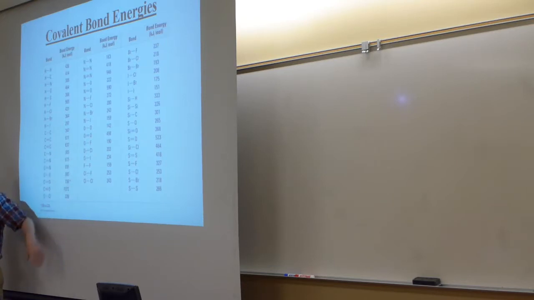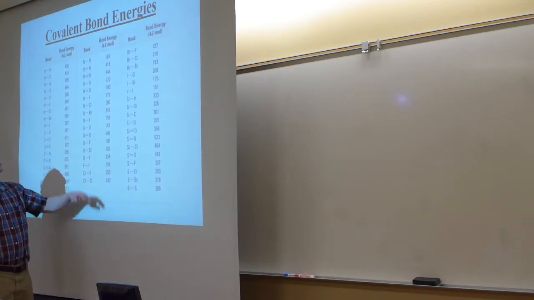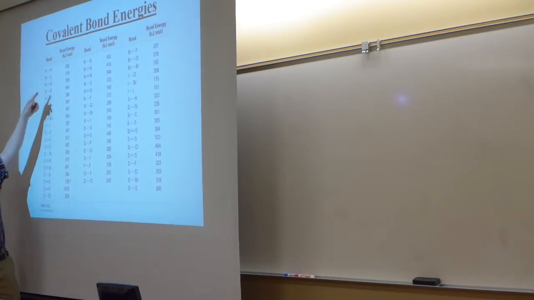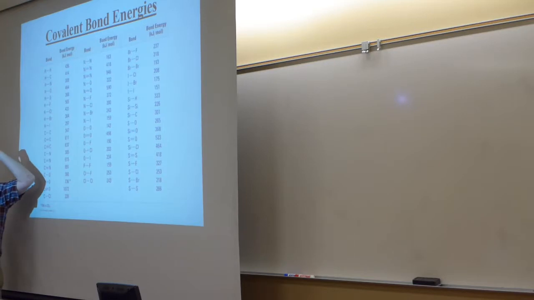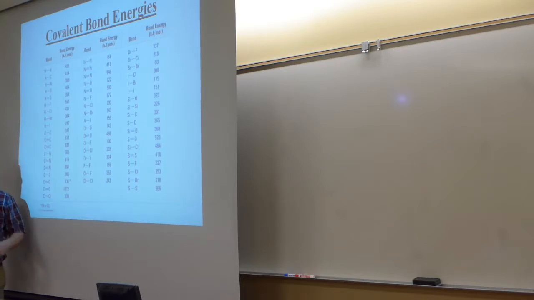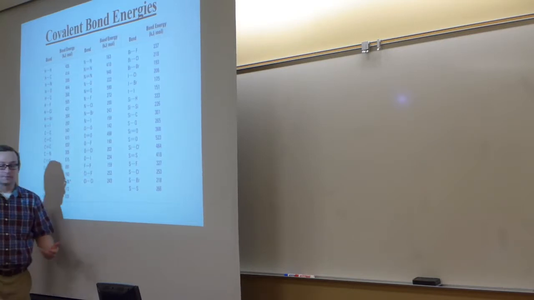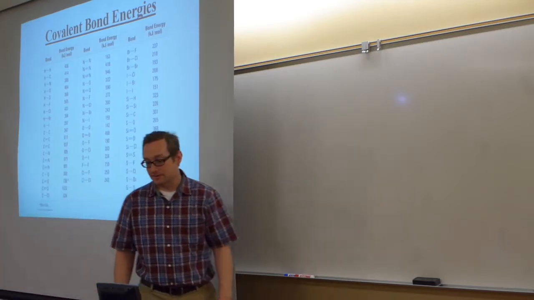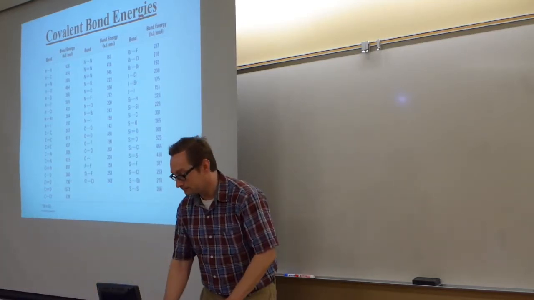These are just averaged bond energies over thousands of compounds. So a C-H bond might be different in methane than it would be in, say, decane, right? You remember the hydrocarbons? We briefly touched upon it a long time ago. So the bond energies will change depending on the compound.